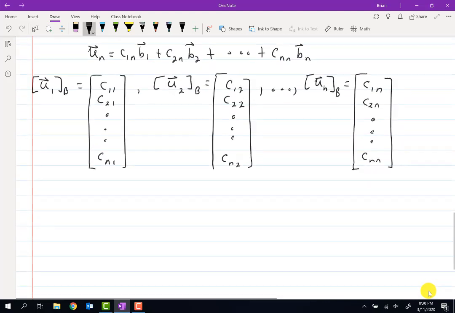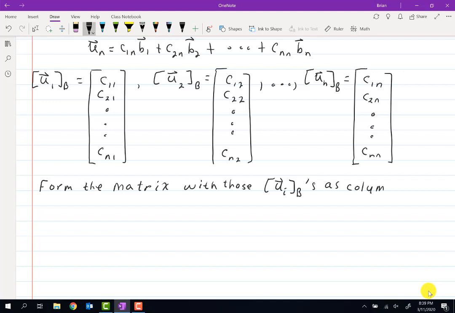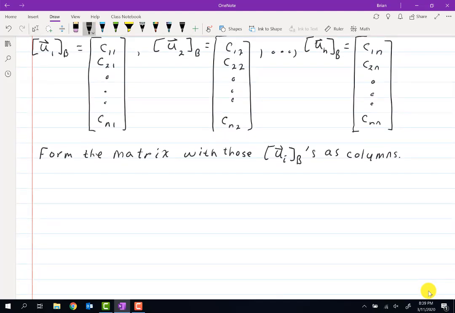Now, as usual, form the matrix with those columns. In particular, I want the Ui in B's as columns. So what we get is a big old matrix.